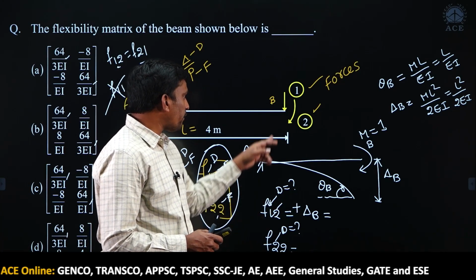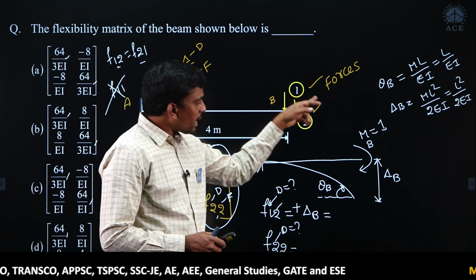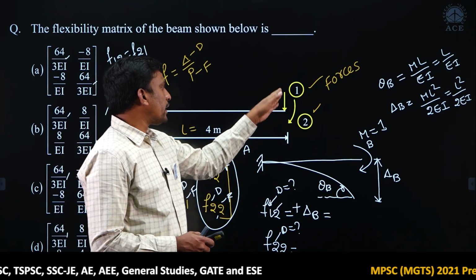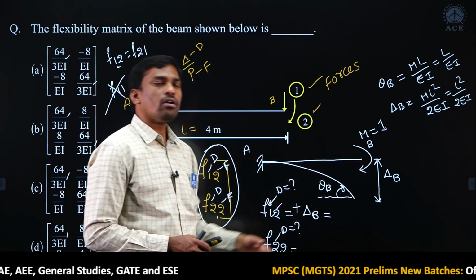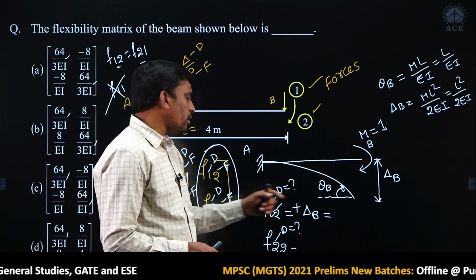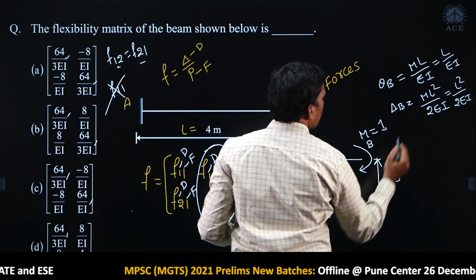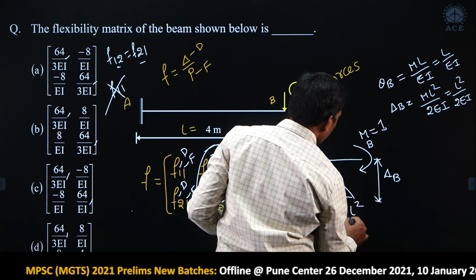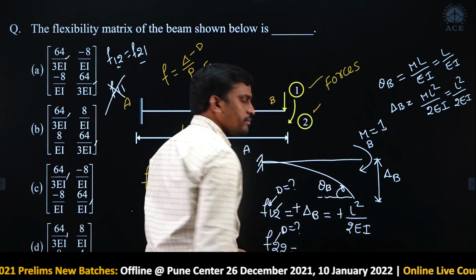So, we applied unit force at coordinate 2, and we are finding displacement at coordinate 1. What is coordinate 1? Vertical force at B, and in this diagram the vertical deflection at B. The vertical force is downward, and the vertical deflection is also downward, so both are in the same direction, positive. So, what is the deflection at B? This is positive L square by 2EI.